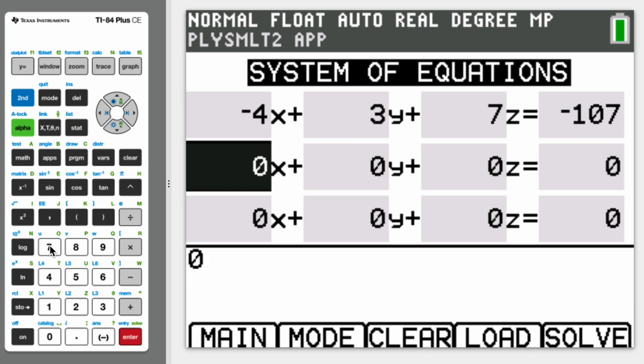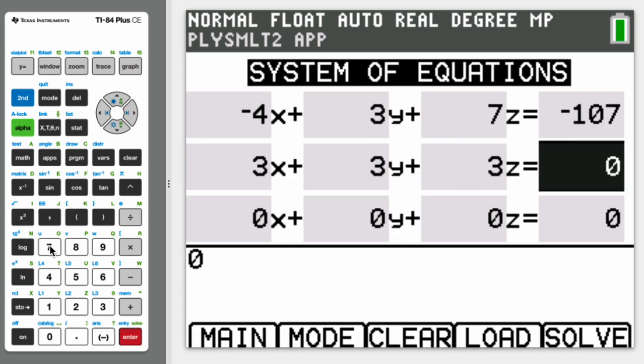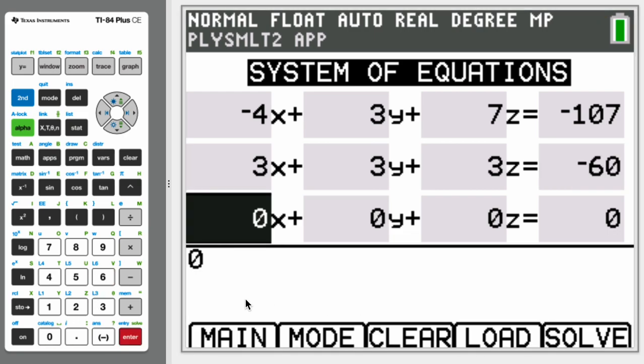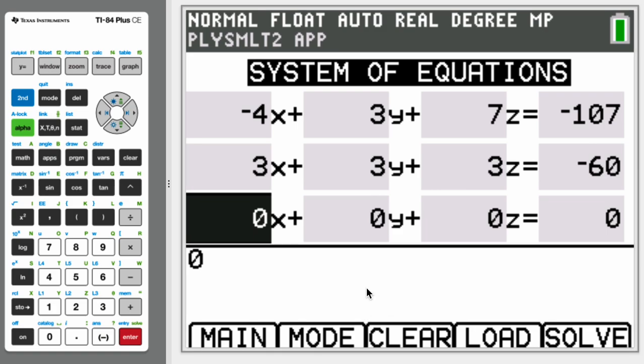My second equation is 3x, 3y, 3z, and that's equal to -60. So that's this one here. And then I have 9x minus y plus 3z is equal to -10.